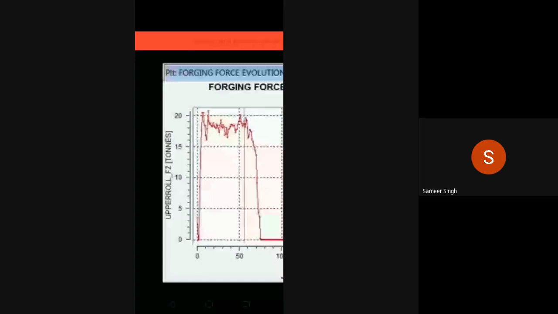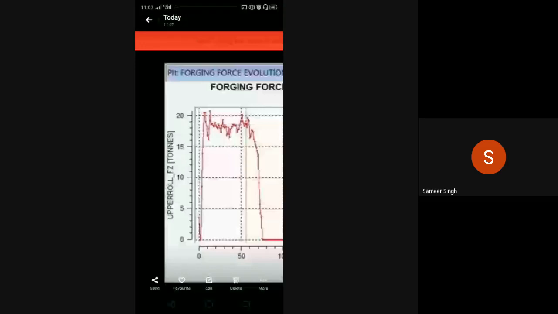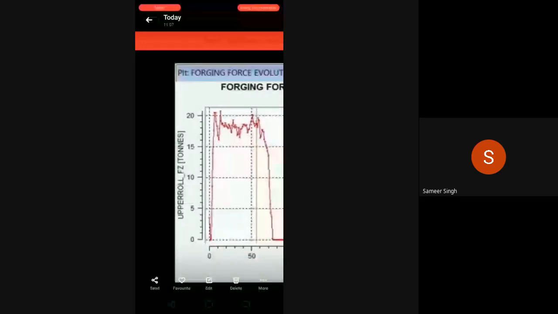Actually the curve is zigzag, so you can take the intermediate points and the average value. If you take the average value in this zigzag region, it will become around 17 to 18, more than 15 but less than 20. So this is below 20, and for the previous case that was above 20.